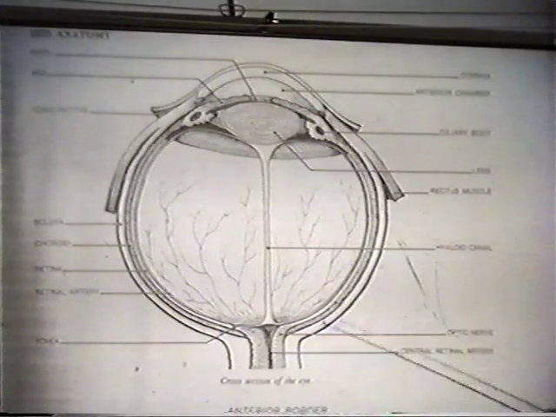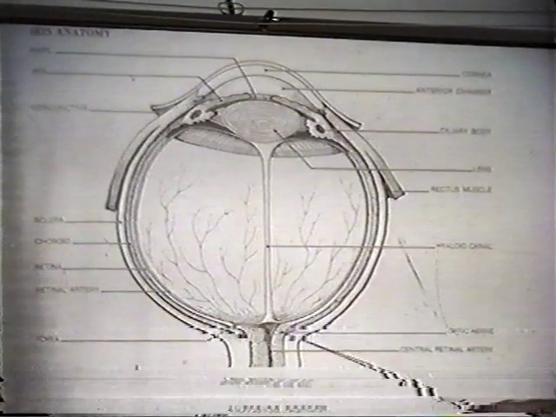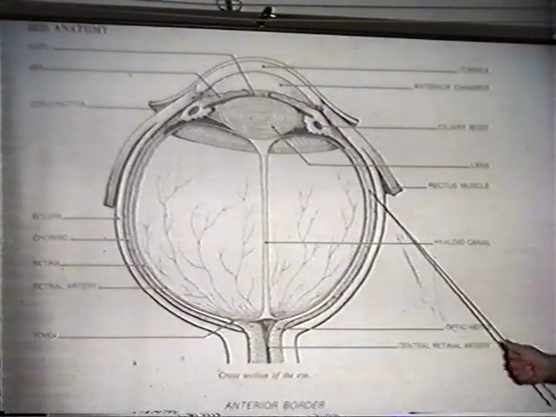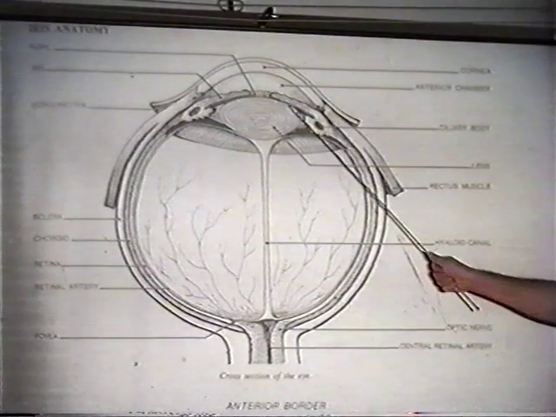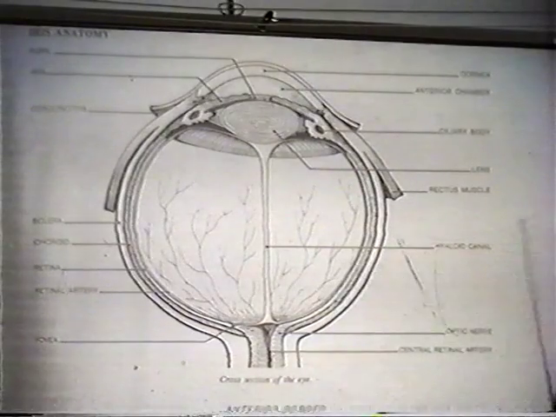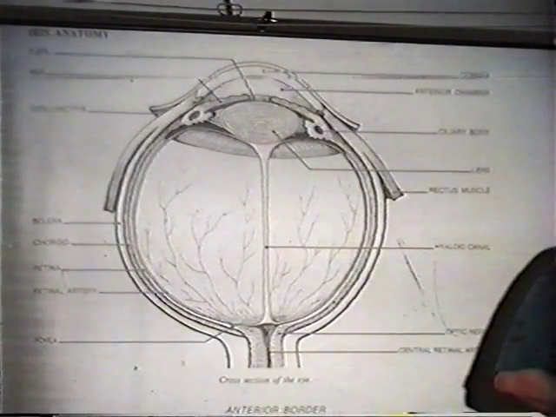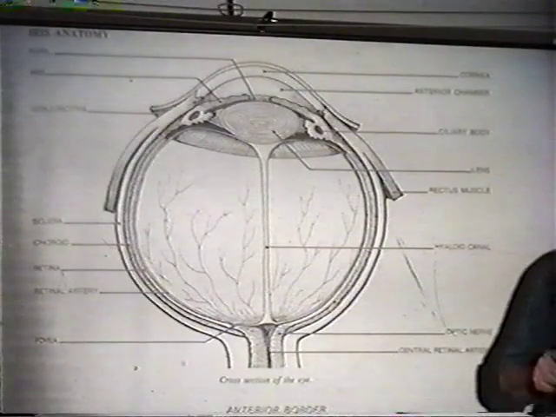Now, the optic nerve, roughly, is here. Now, as this particular part of the nervous system goes up this way, it goes right up into the lens, into the iris of the eye, where the only part of the central nervous system that you see will be the fibers in the eye.